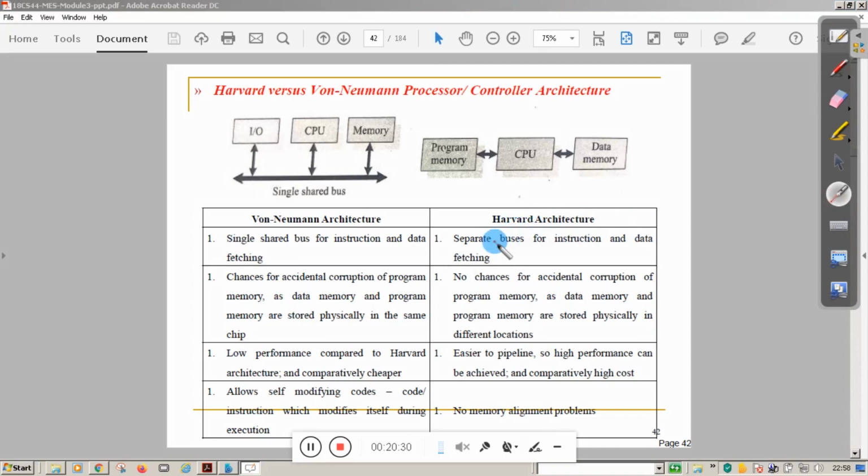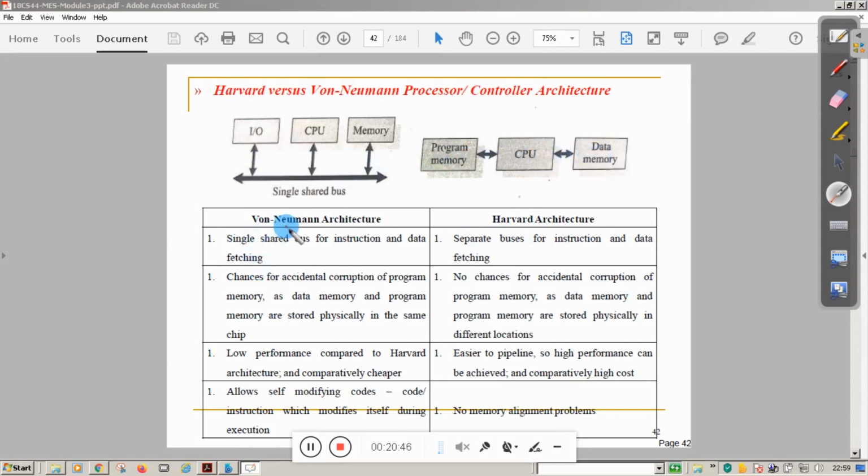Now you can see the difference between Harvard architecture and von Neumann architecture. In von Neumann there is a single shared bus between memory and input output, but in Harvard there is a separate bus for program memory and a separate bus for data memory.